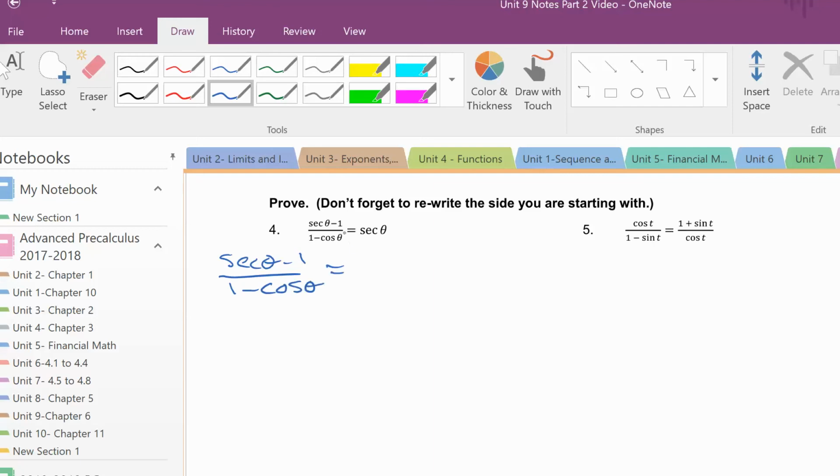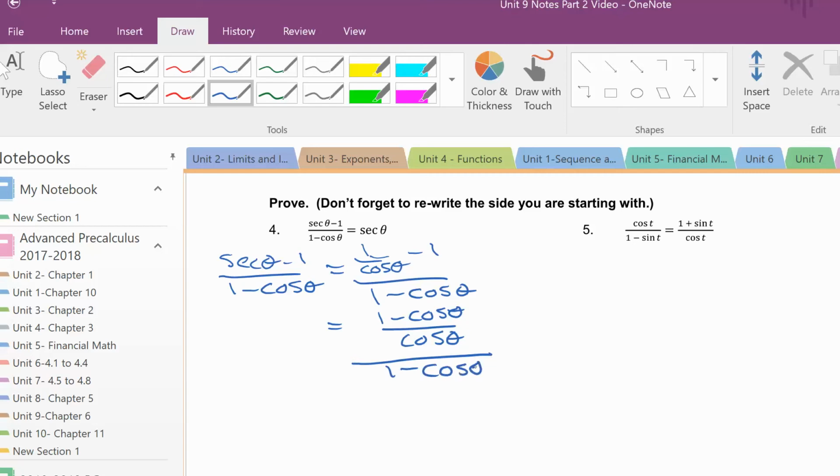I'll change it in terms of cosine. So it's 1 over cosine minus 1 over 1 minus cosine. And then getting a common denominator here would give me 1 minus cosine theta over cosine theta, because I got to get cosine top and bottom there, over 1 minus cosine theta.